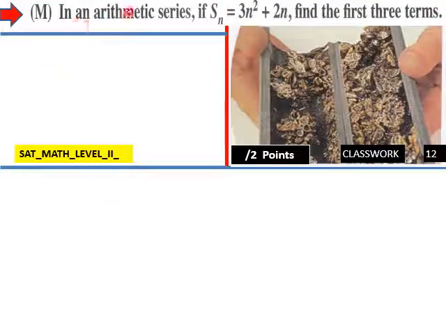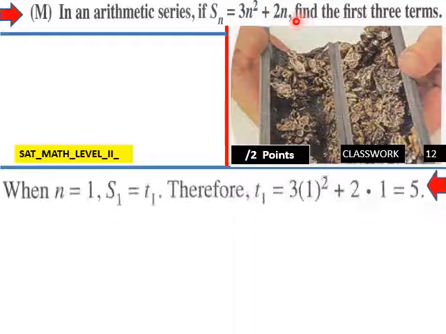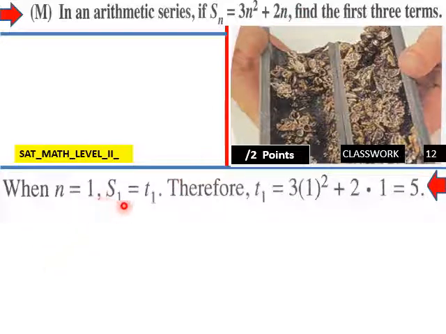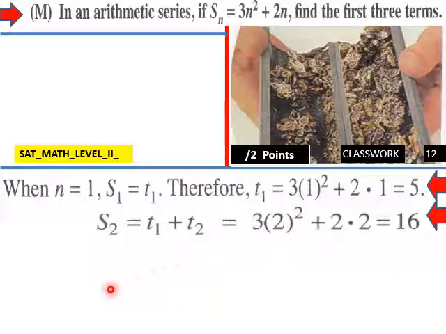Finally, in an arithmetic series, if S n is 3n squared plus 2n, find the first three terms. When n equals 1, S1 equals term 1. Therefore, term 1 equals 3 times 1 squared plus 2 times 1, which is 5. Then term 1 plus term 2 equals 3 times 2 squared plus 2 times 2, which equals 16.